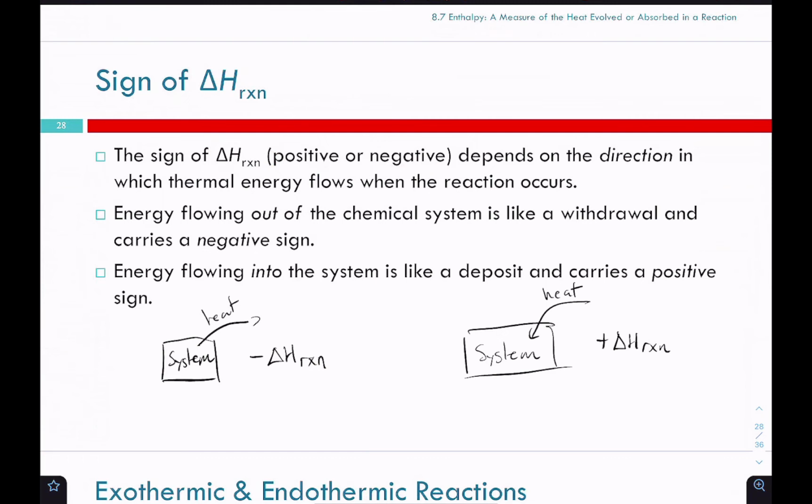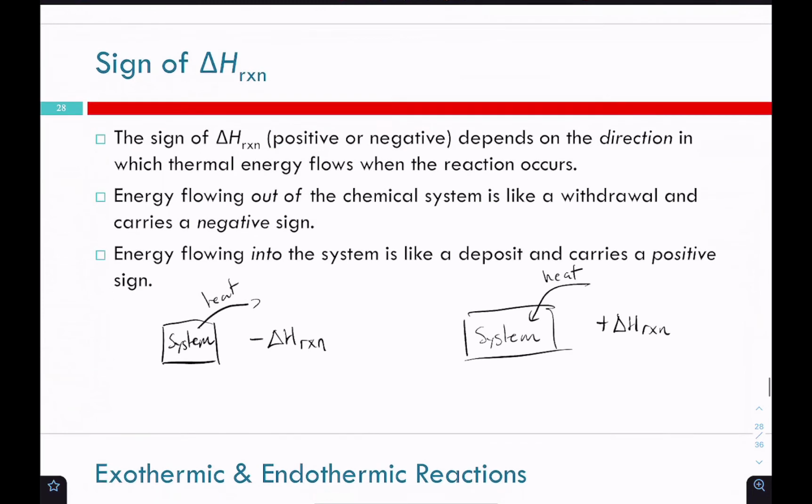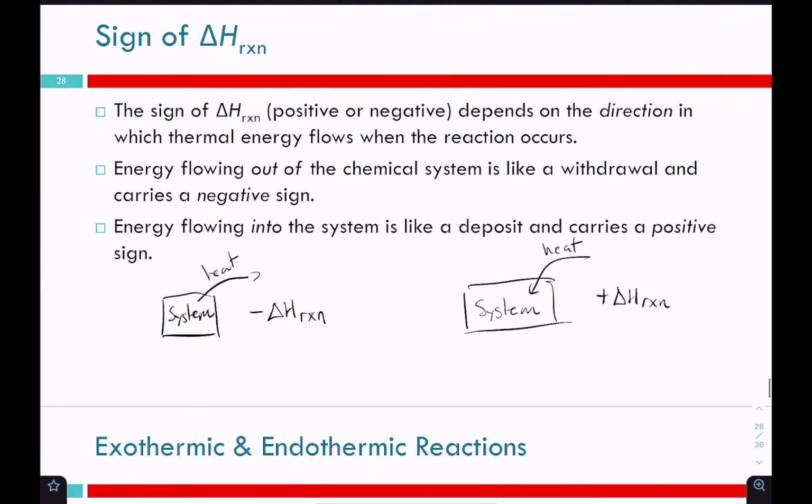So it's always from the perspective of the system or the chemical reaction. Heat in or heat out. So heat coming out is going to be exothermic. Heat going in is going to be endothermic.